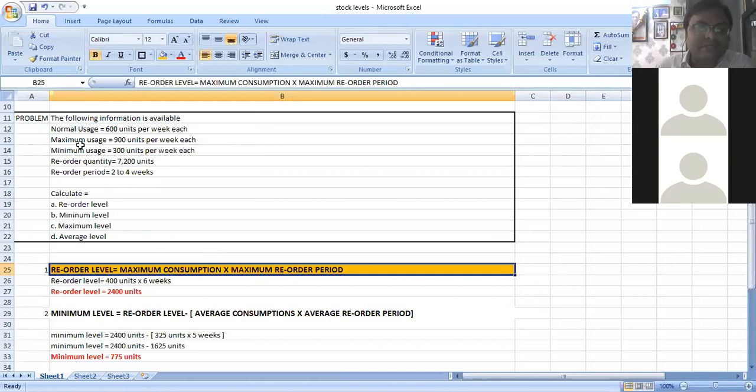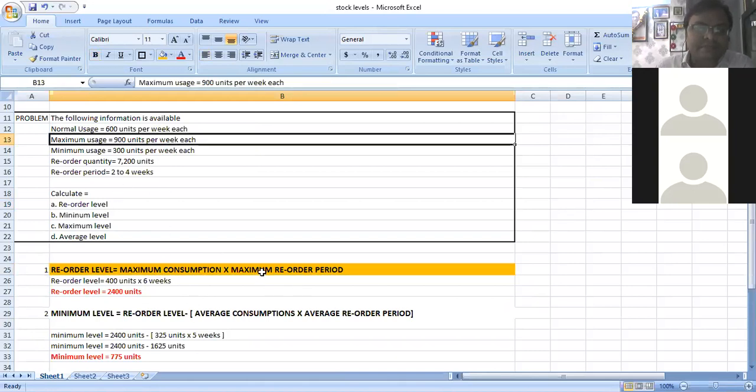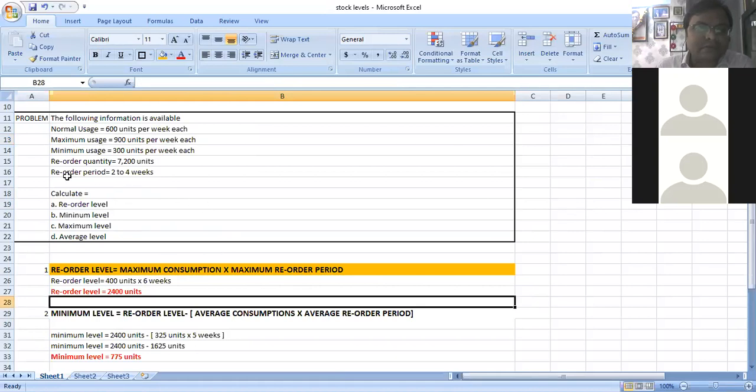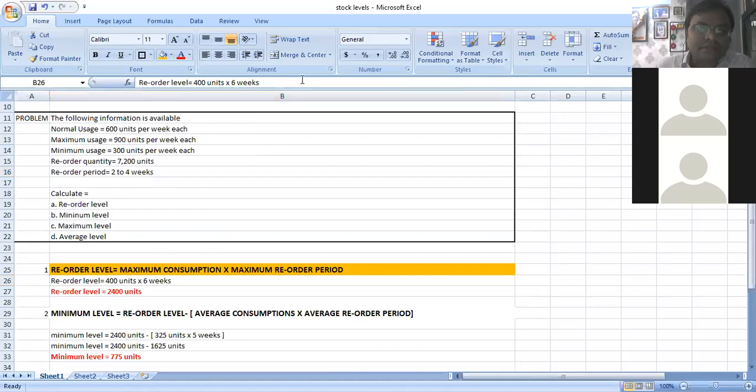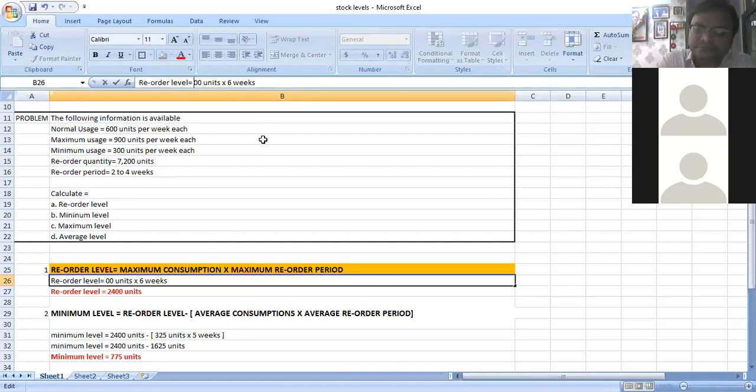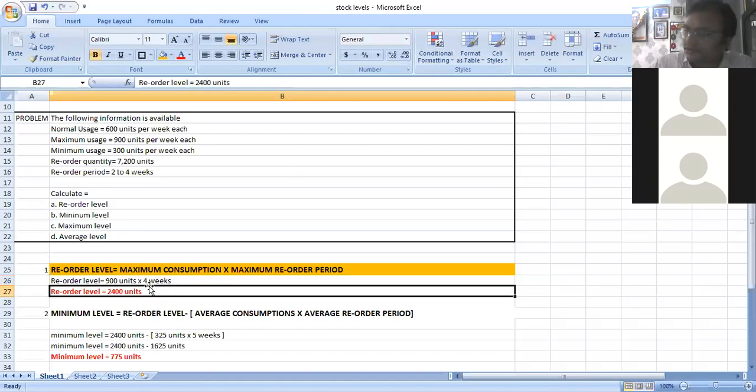Maximum consumption is already given, 900 units, and maximum reorder period is 4 weeks. So 900, the maximum usage, into the maximum reorder period, 4 weeks. Therefore, what is the reorder level? This comes to 3,600.